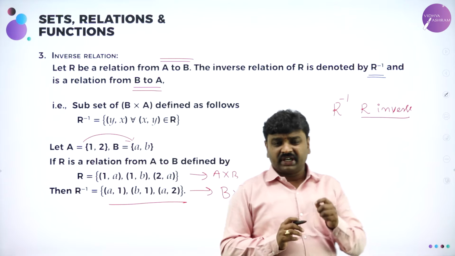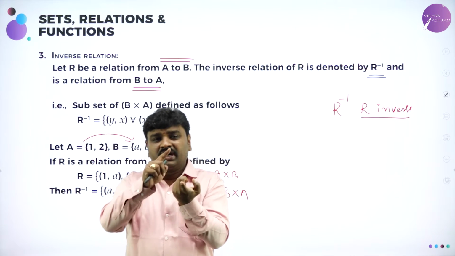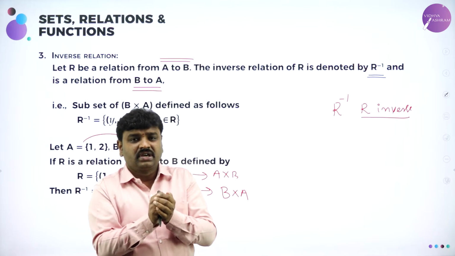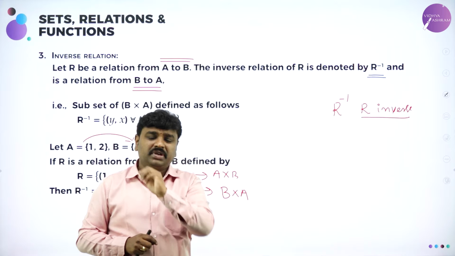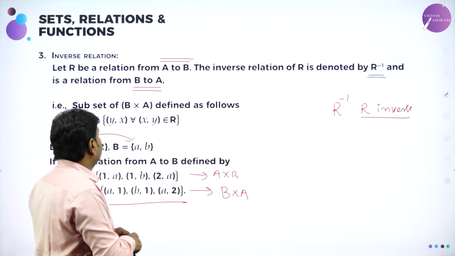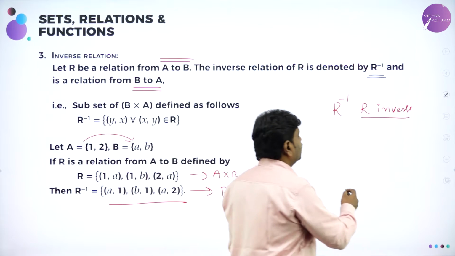So if I take a relation containing ordered pairs and you want the inverse, interchange the first element with the second and the second with the first. If R is a subset of A cross B, then R inverse will be a subset of B cross A. We can also take one example to understand this better. In the exercise we have so many.